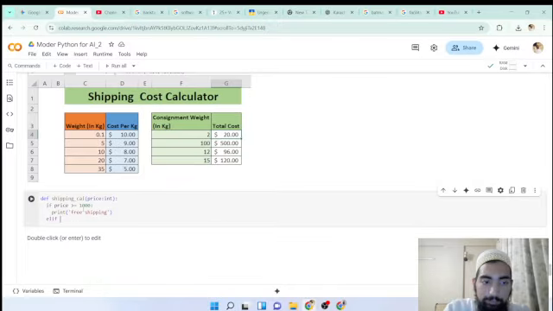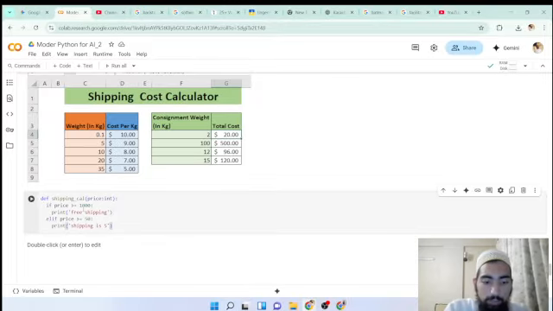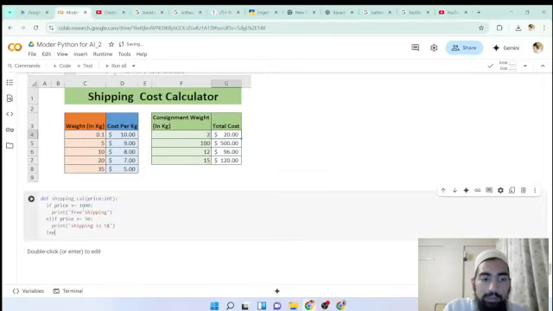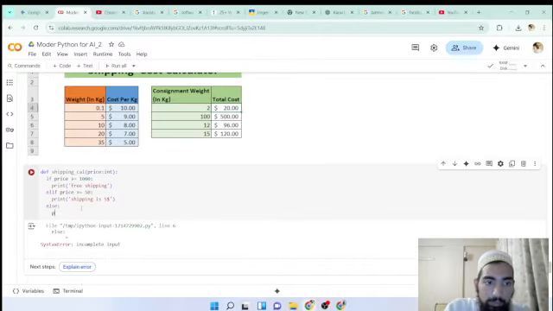Else elif price is more than or equal to 50, then print shipping is $5, and default else, the shipping cost is, shipping is $100.